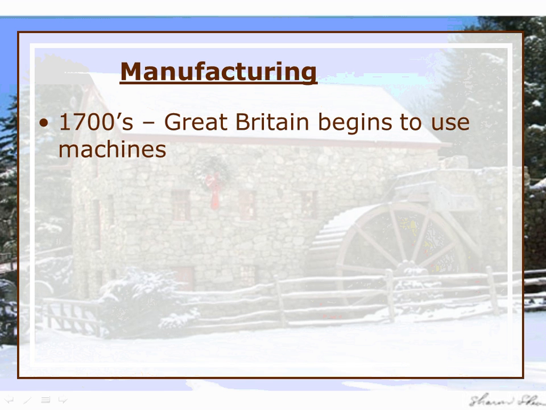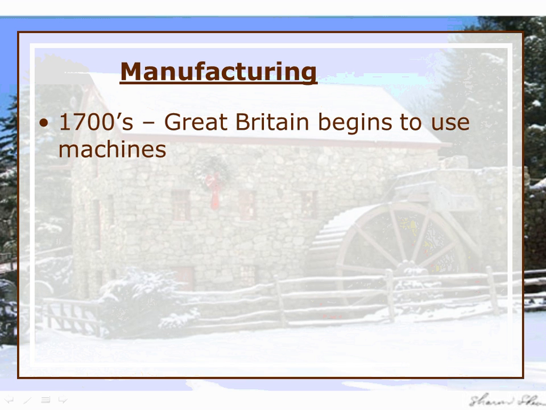Now, this switch from making things by hand to making things with machines was called what? What was it called? The switch from making things by hand to making things using machines. It has a name.